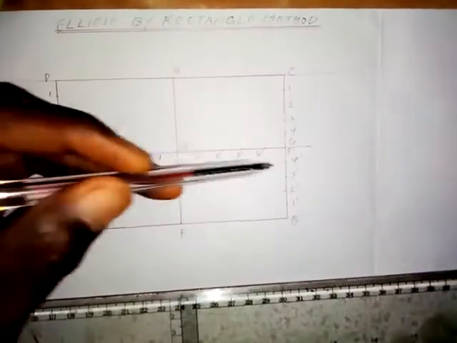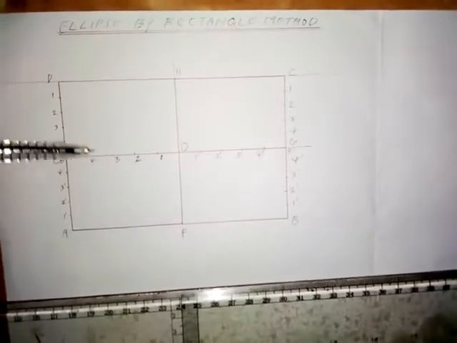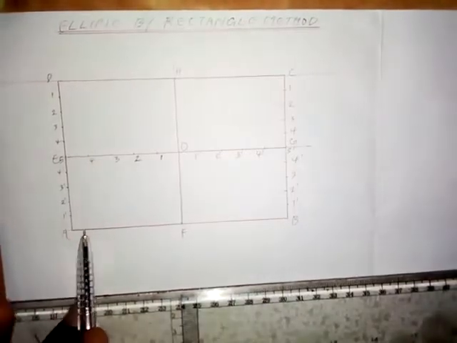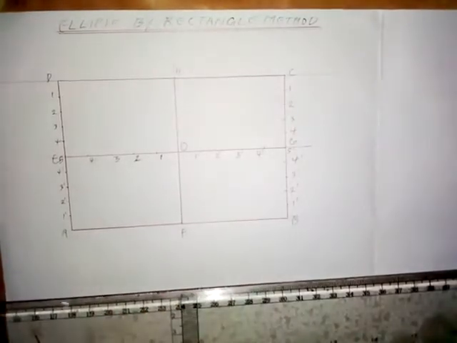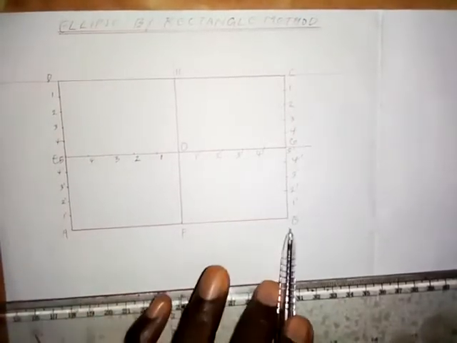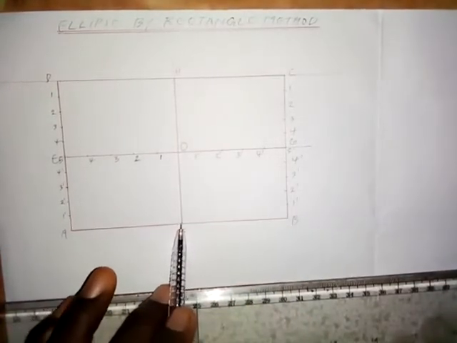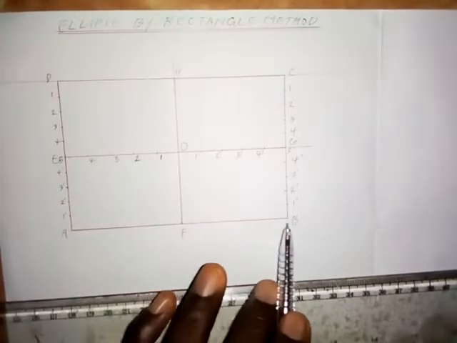Now, after constructing the rectangle as I've done here, what you need to do is to divide the length into two equal parts. I'm using 120 millimeters for the major axis or for the span. So I divided this AB 120 into two equal parts, and this gives me this point F, which is 60 millimeters from A and 60 millimeters from B.